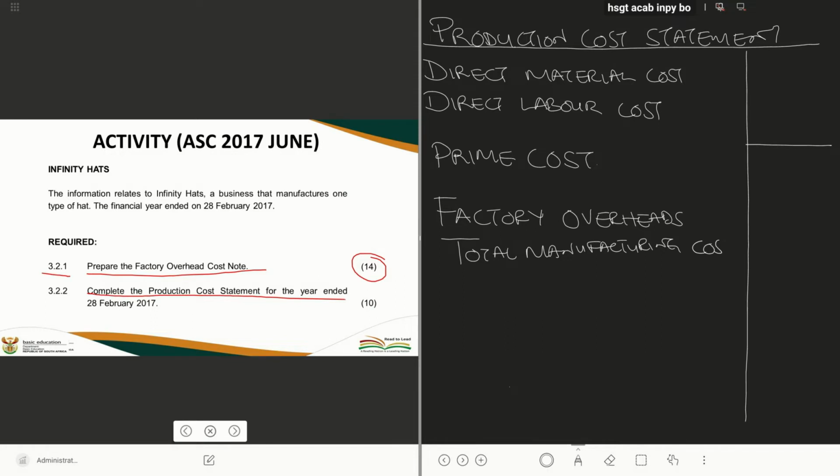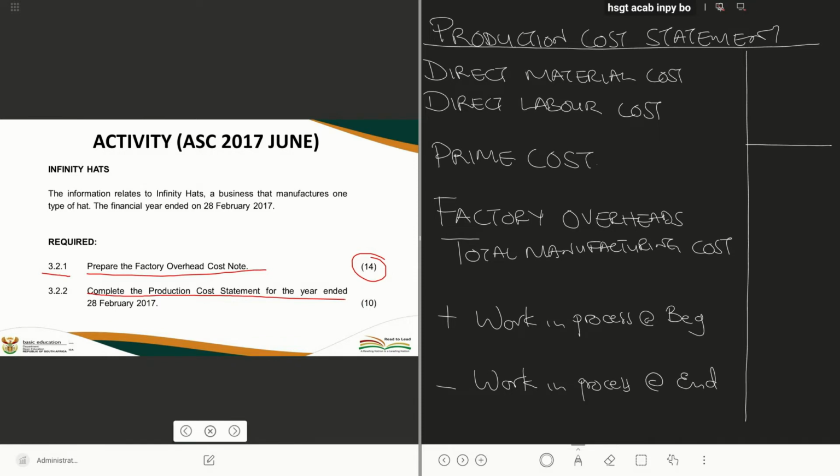costs. And then definitely now you come, then you say, I always want you to say, plus work in process, where? At the beginning. And then you say, minus your work in process at the end.